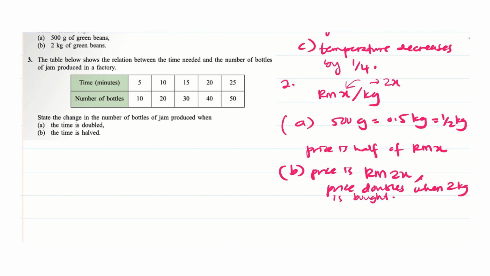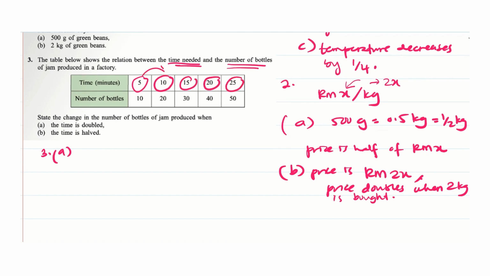All right, for number 3, the table below shows the relation between the time needed and the number of bottles of jam produced. State the change in the number of bottles when time is doubled. Here we can see this is 5 minutes, this is 10 minutes, 15, 20, 25.